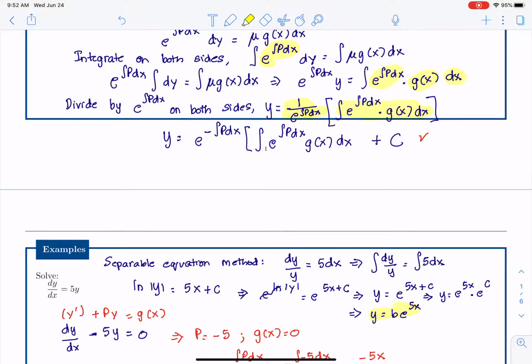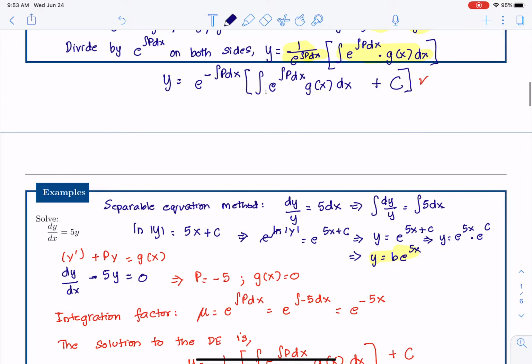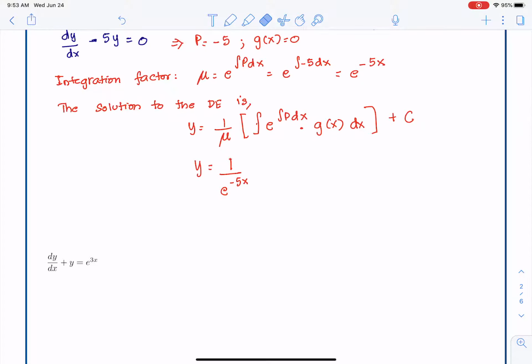So that integral would result in a constant, and that constant should be inside the square bracket. That's a mistake that I made. So that is our proper solution. So we go back here and throw that constant back inside because it has to be inside.